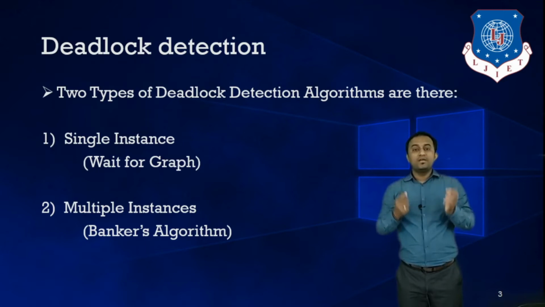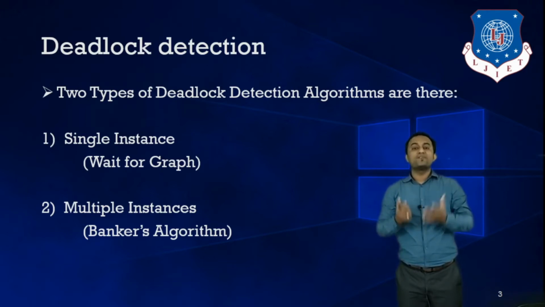The multiple instance deadlock detection algorithms, how we can use the Banker's algorithm to identify whether the deadlock is present in the system or not, we are going to discuss in the upcoming videos.